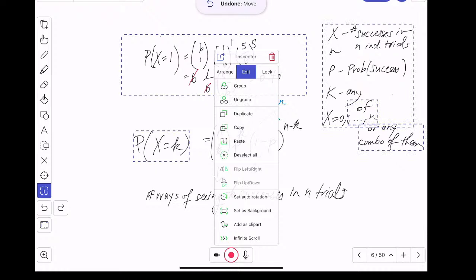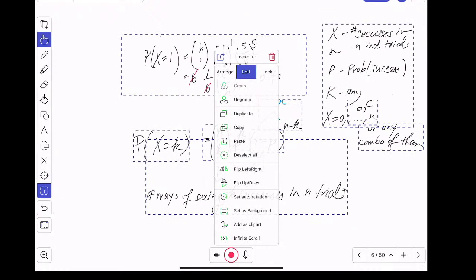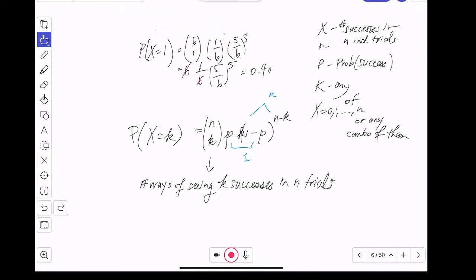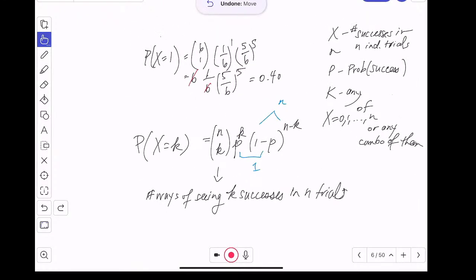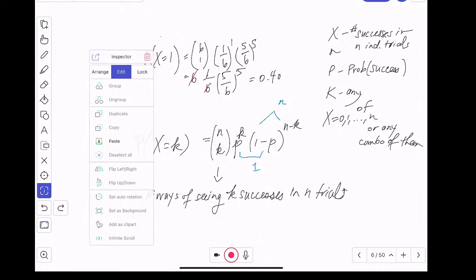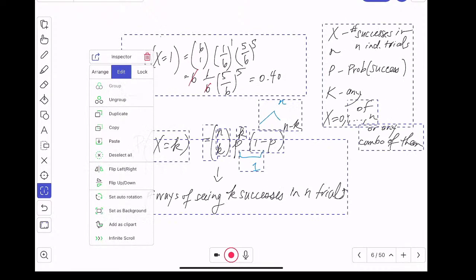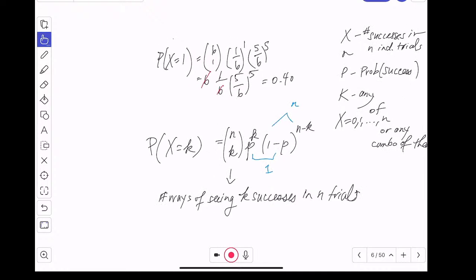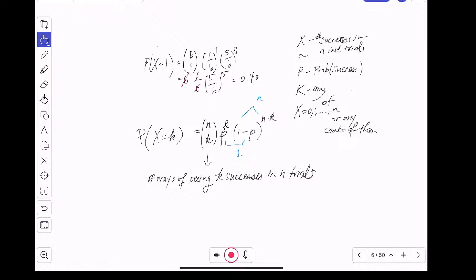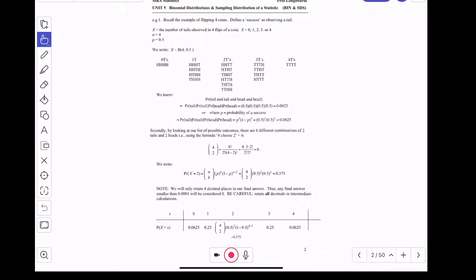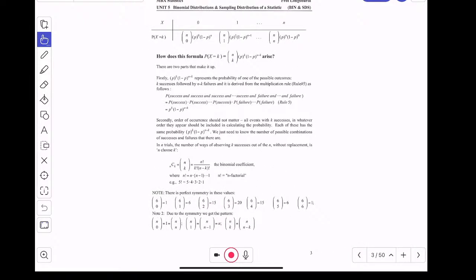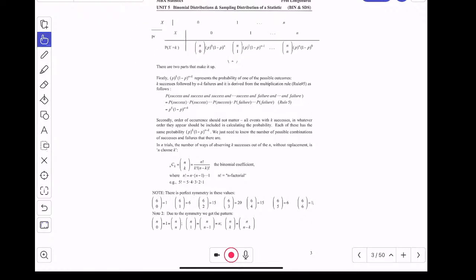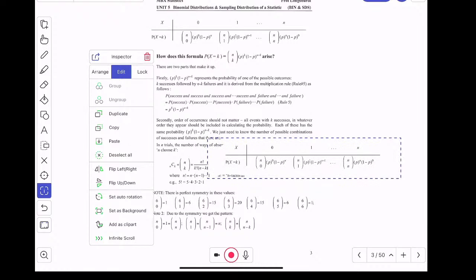All possible outcomes. But as you see over here, the probability distribution lists all the possible probabilities we could solve.